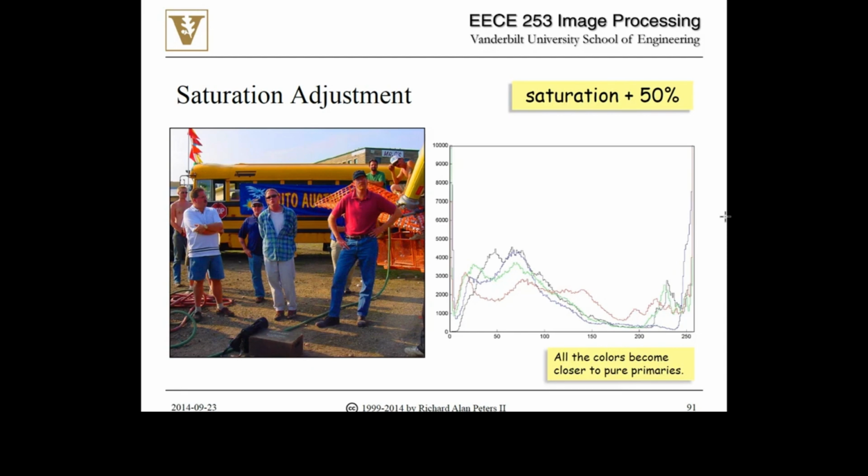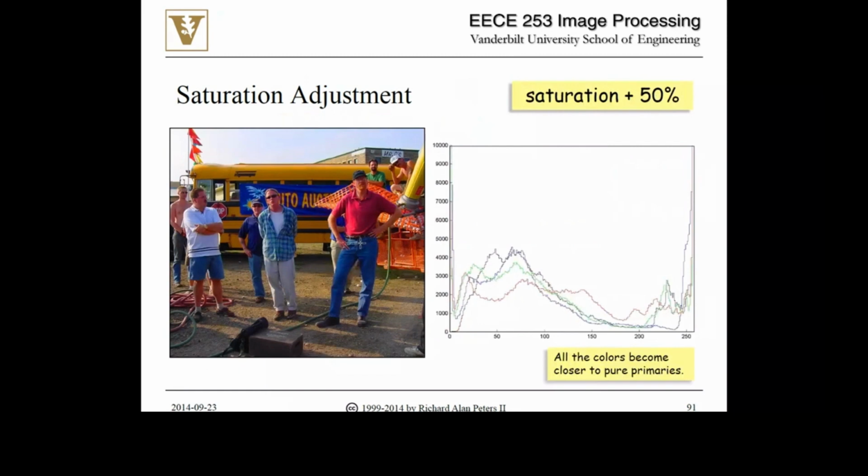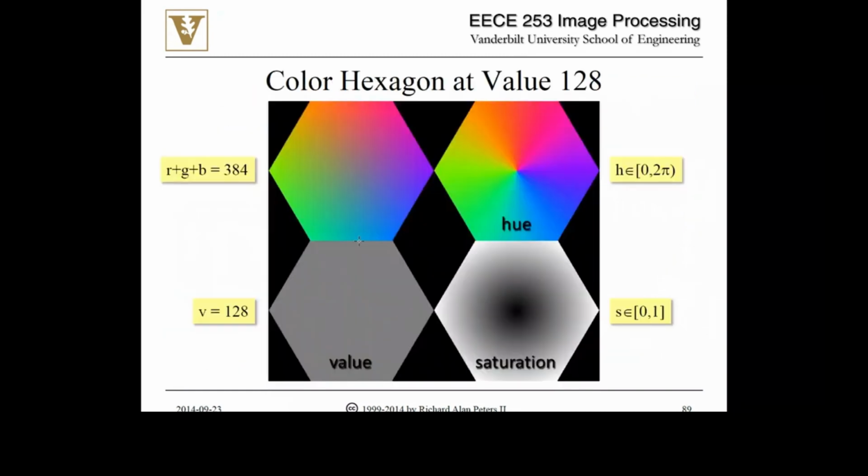We have to do that. So this is actually what has happened. All the colors now are more saturated. Saturation is how far you are from the gray, or seen in a different way, how close you are to the RGB pure colors.